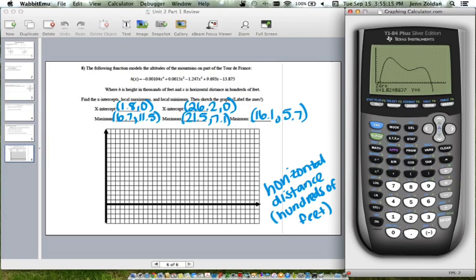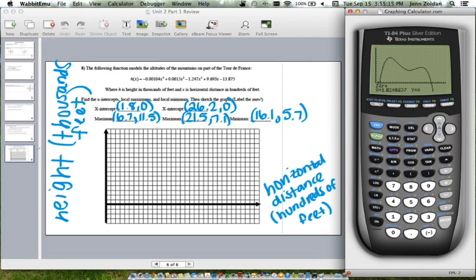And then the y-axis is the height in thousands of feet, so this is the height. Oops. How do you spell height? Height. Sorry about that. In thousands. Sorry about my terrible handwriting. Thousands of feet. Okay, so let's go ahead and graph it.